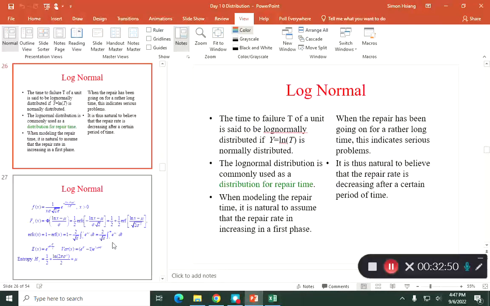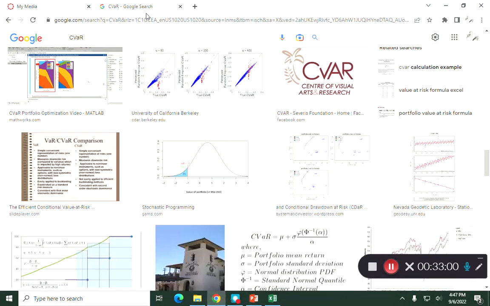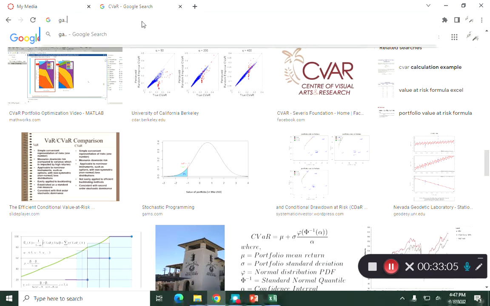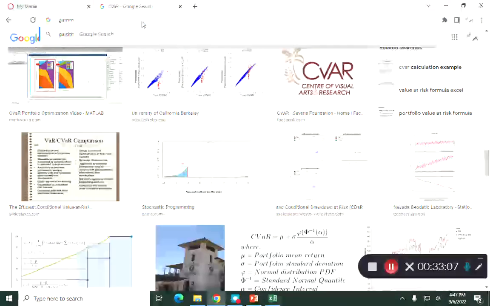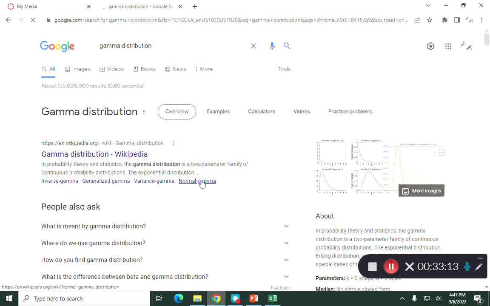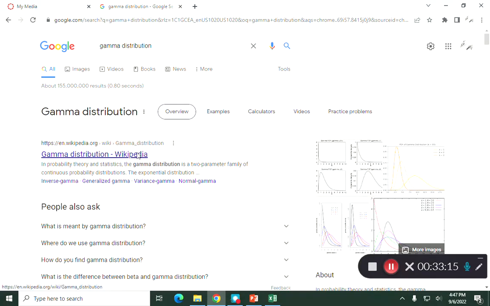Next, okay, let's talk about another distribution. It's called the log normal distribution. Before I do that, let me do this.